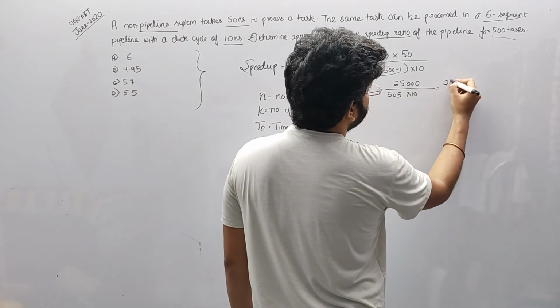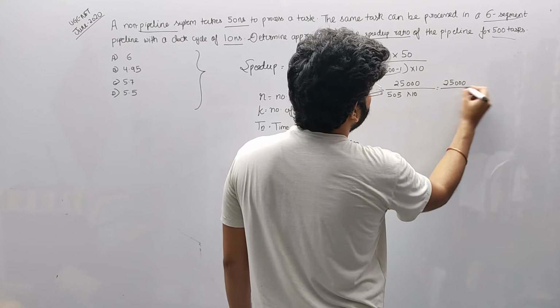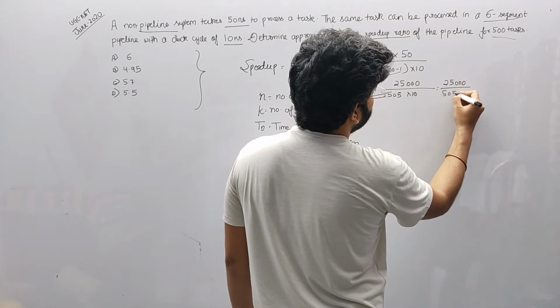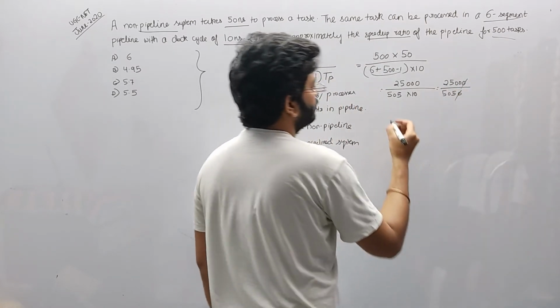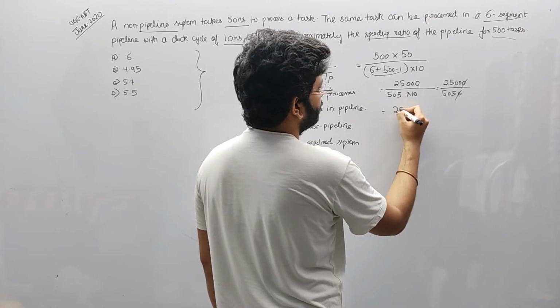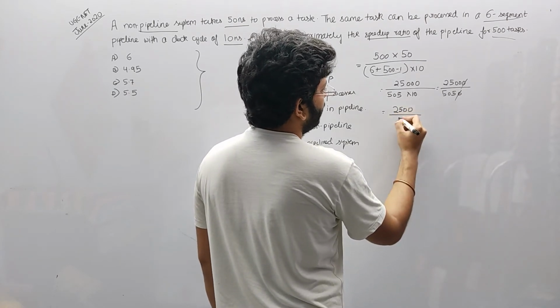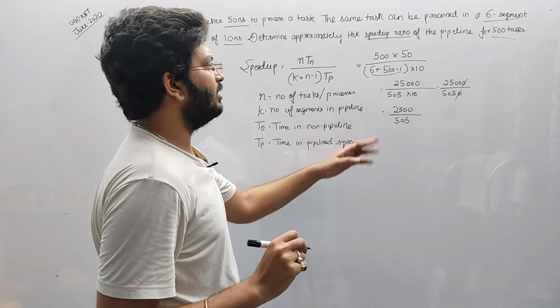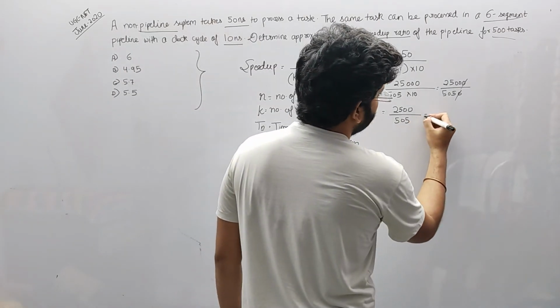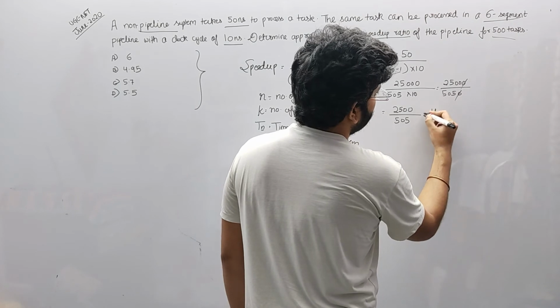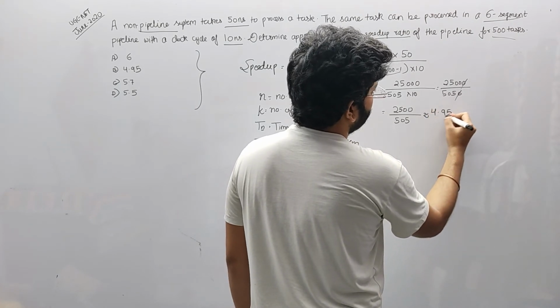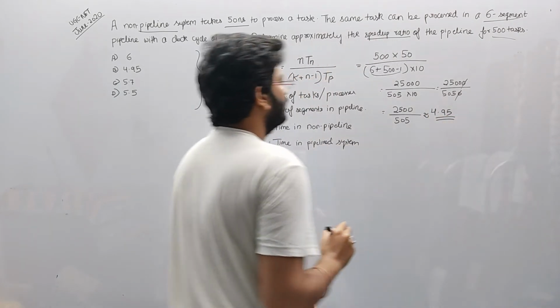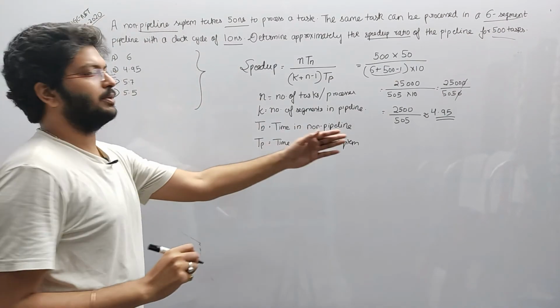So 25,000 by 5050. Strike out the zeros. Now when you divide it, we will get the value of approximately 4.95. It is the speed up ratio. The speed up ratio is 4.95.